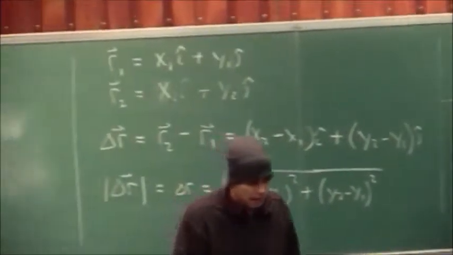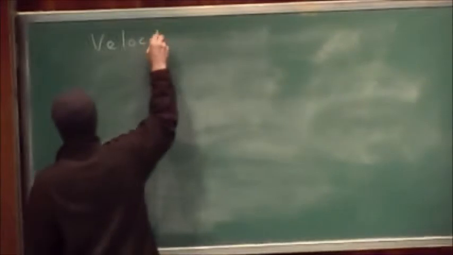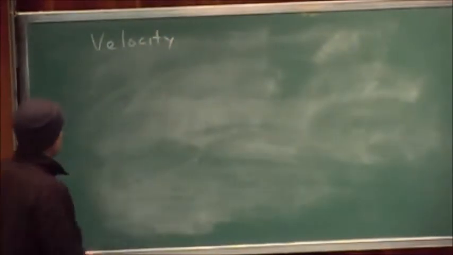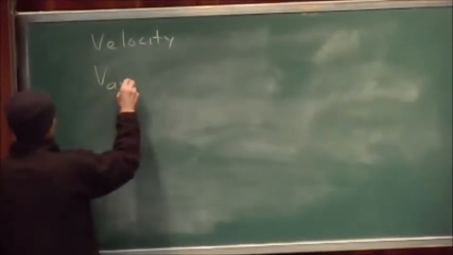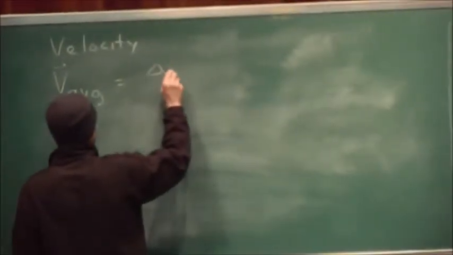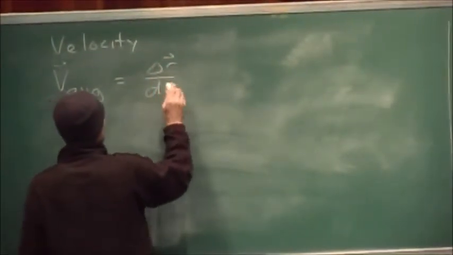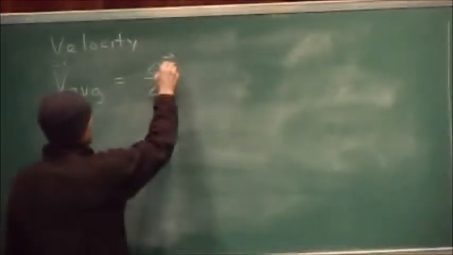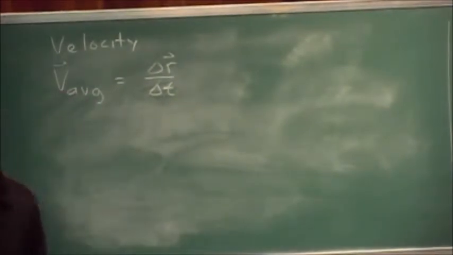Okay, so now velocity. By definition, average velocity is simply the change, this delta r that we've defined, over the time interval that the displacement occurred.